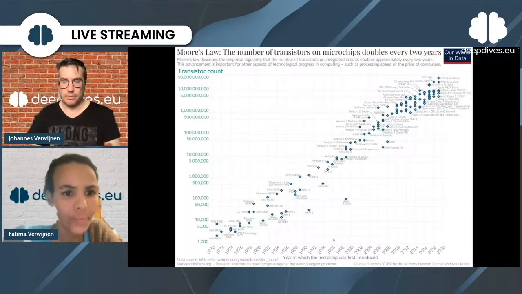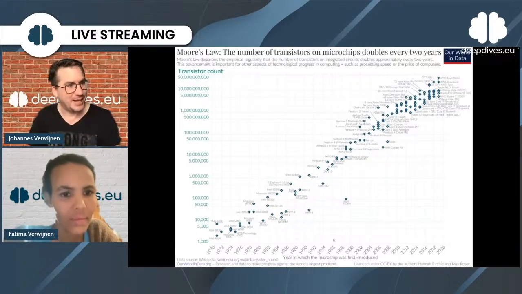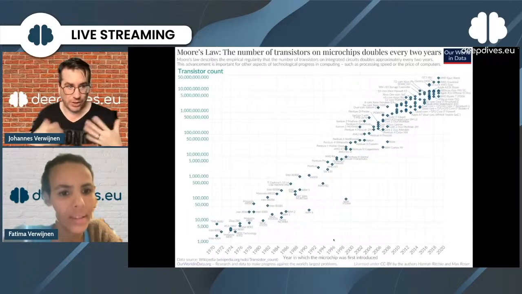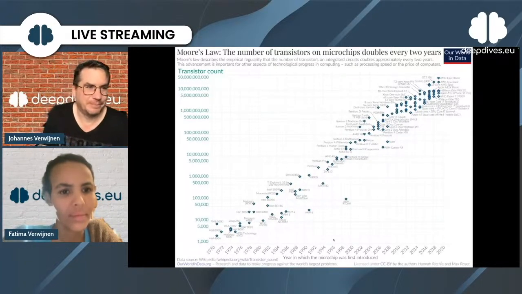So literally nowadays, you would be able to gain access to a supercomputer just by going to your cloud provider and setting it up. Whereas previously, you would need to be like a country to be able to afford a supercomputer.